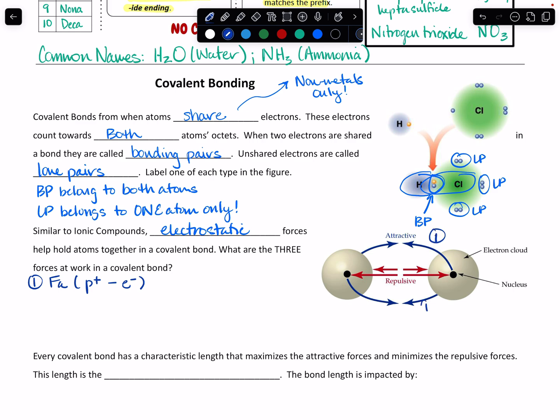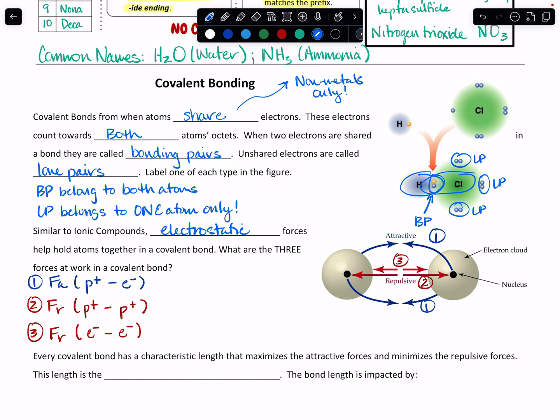So this is the attractive force that's shown here. There's also a repulsive force that forms between the protons of one nucleus and the protons of the other, and that would be this one right here. And then there's a third force that is repulsive, that forms between the 2 electron clouds if they overlap by too much.